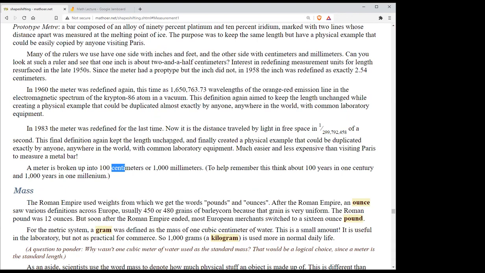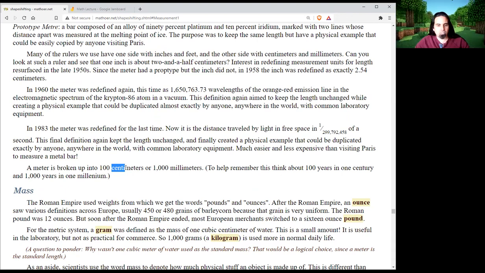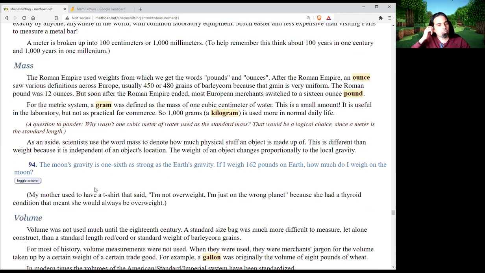I said cents. Cents. Okay, yeah, 100 cents in a dollar, 100 centimeters in a meter. So cent means 100, like per cent also. A meter could be broken up into 1,000 millimeters. Oops, so there's also century and millennium. I gave you those words. So milli is 1,000. Okay, that's our length story.